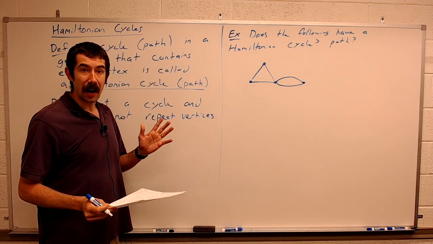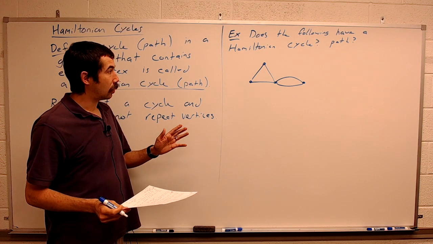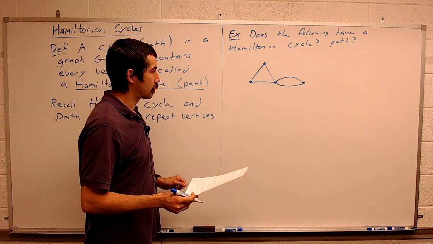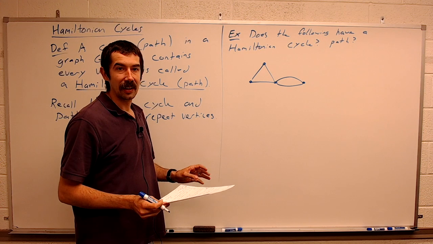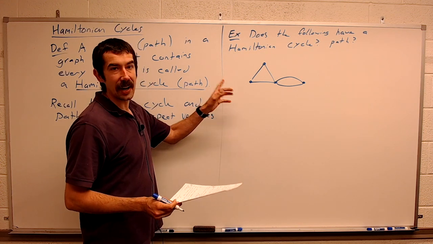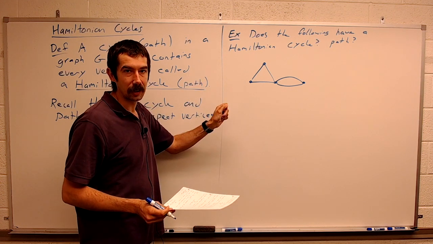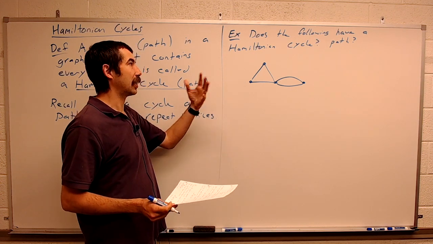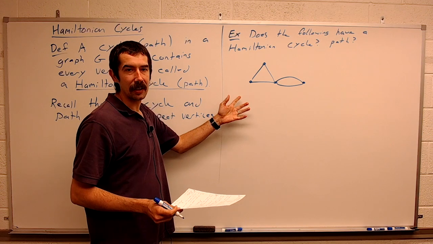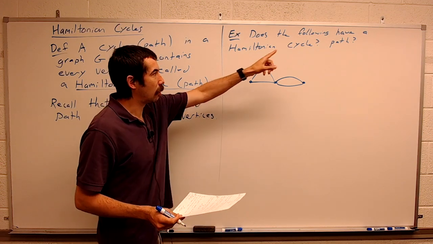All right, so is it possible to travel along this graph and start and end at the same point and hit each vertex exactly once? All right, so try that. And if you think it's impossible, see if you can start and end at different points, right? That would be a path.